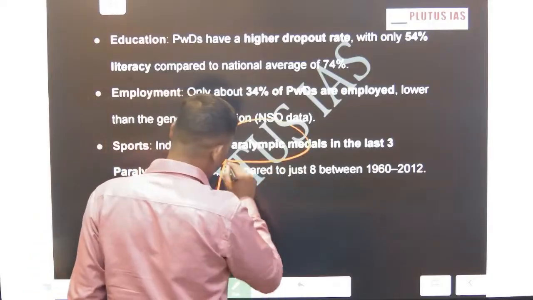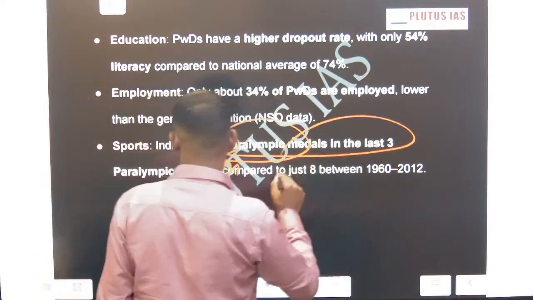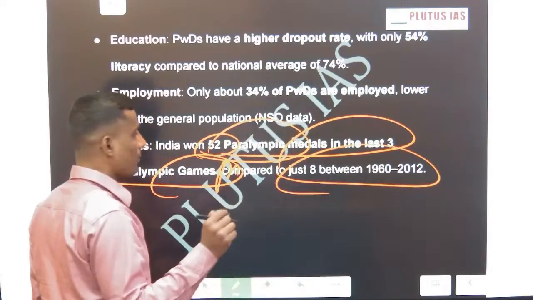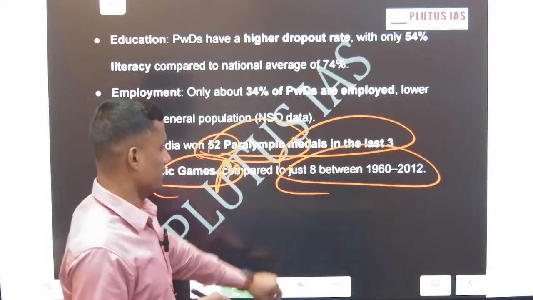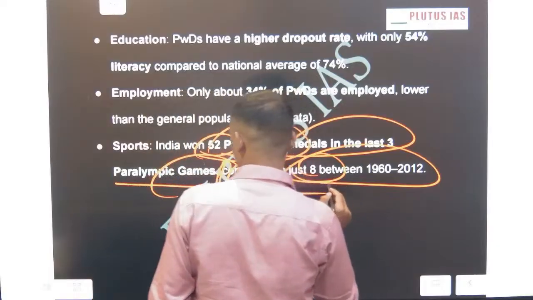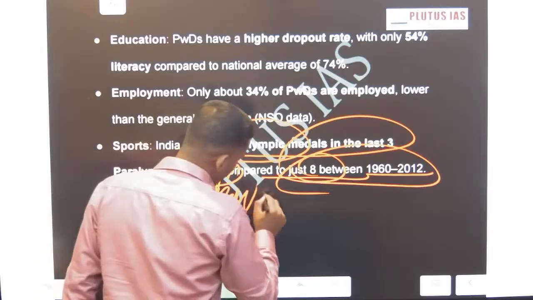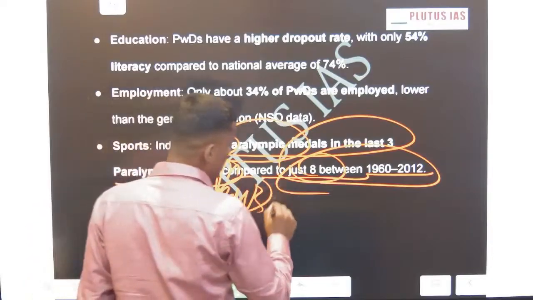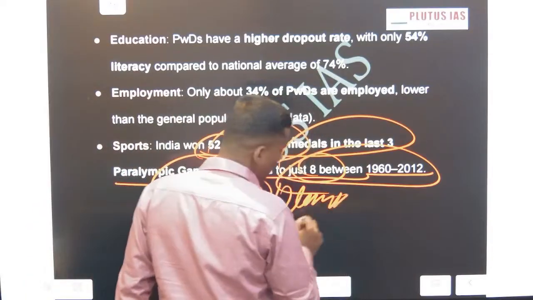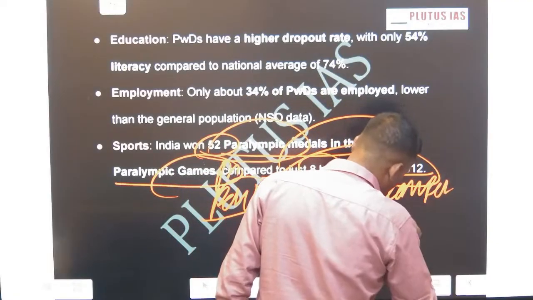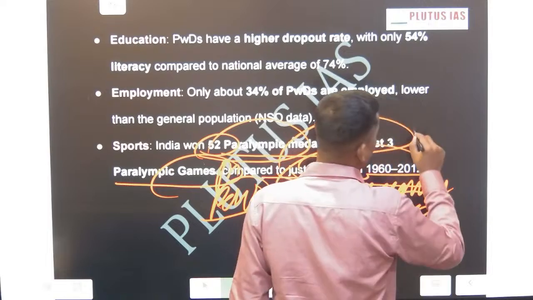Our Paralympians gave 52 medals in the last 3 games, compared to just 8 from the normal competitors. In Paris, our Paralympians won more medals than the normal team.